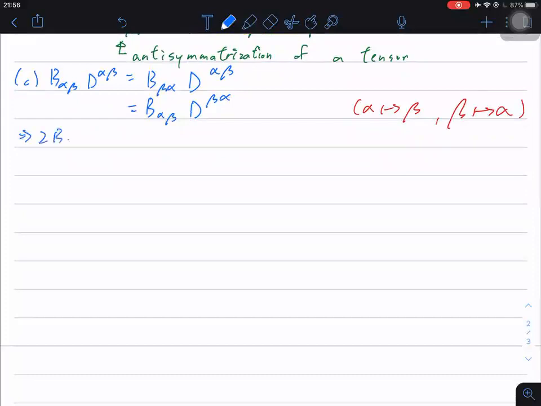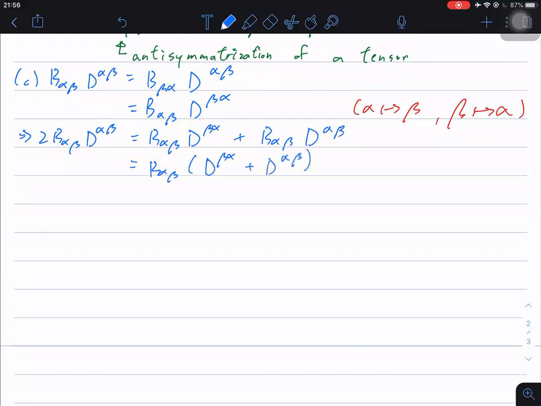And again, you're adding both sides with the terms in the left-hand side. And then you can group B alpha beta in the right-hand side. And what you have left is B beta alpha plus B alpha beta.